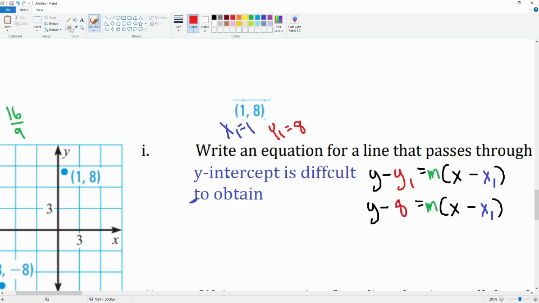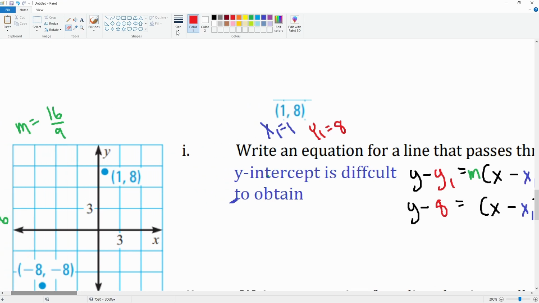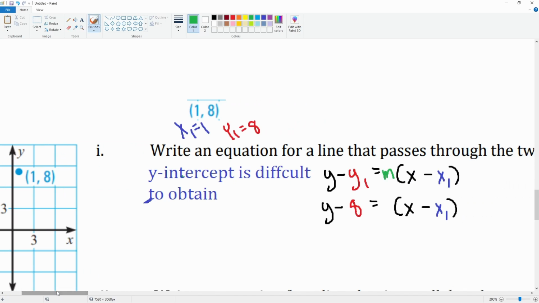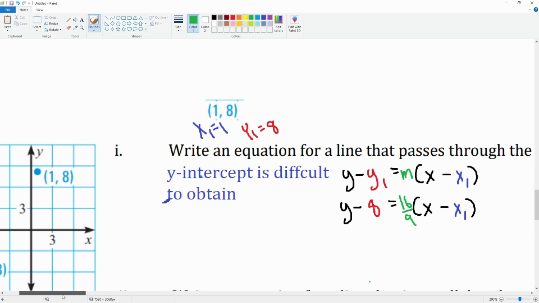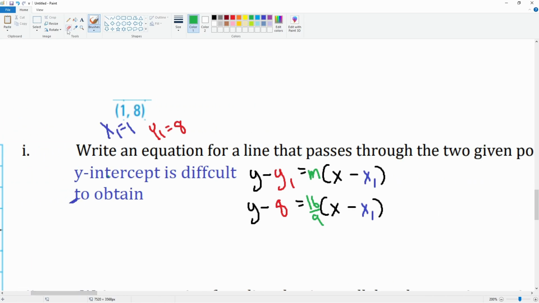Now I'm going to erase the m, which is the slope, and that is 16 over 9, right? Good. And then the x1 is 1.